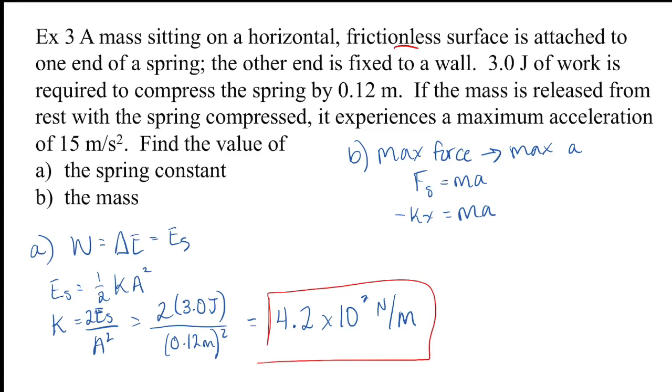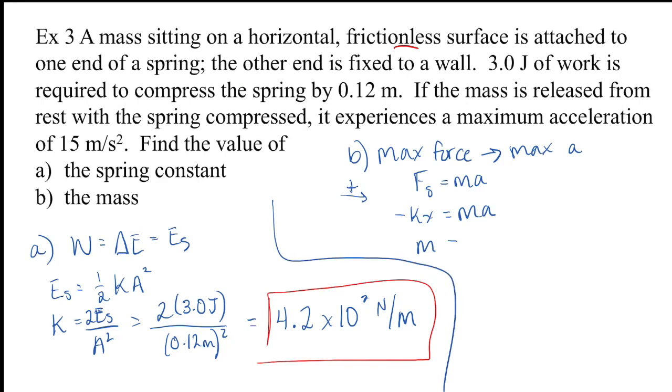That's equal to mass times acceleration. Here I don't really know which way. Let's go ahead and say it was compressed to the left. So my displacement is negative, and then I'll say right is positive, so my acceleration is positive. But here you might get a negative acceleration, and that's okay. It's just saying that acceleration is going the opposite direction of displacement, which it is. Okay, that's all it's saying.